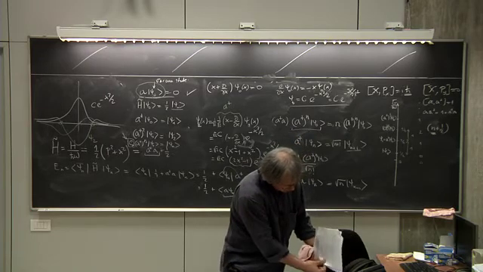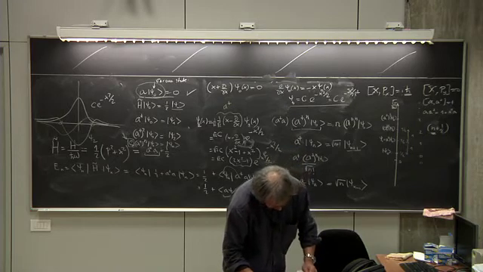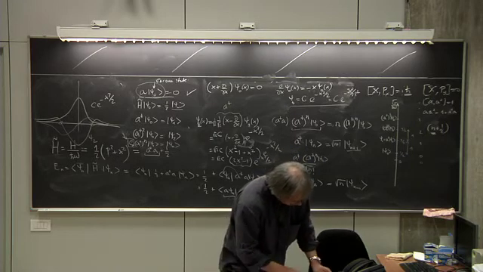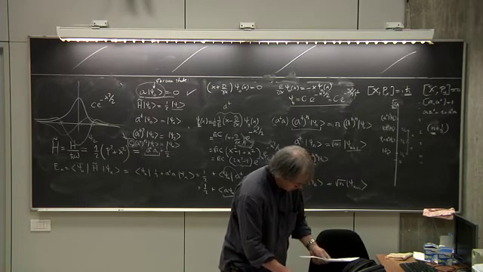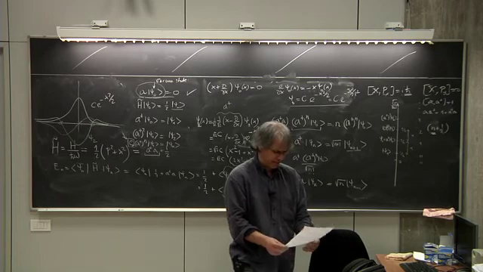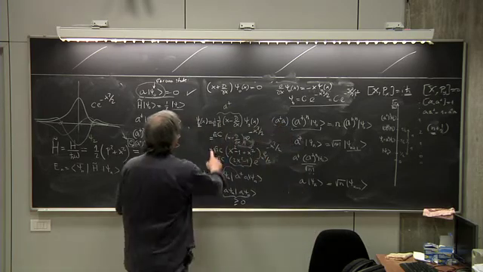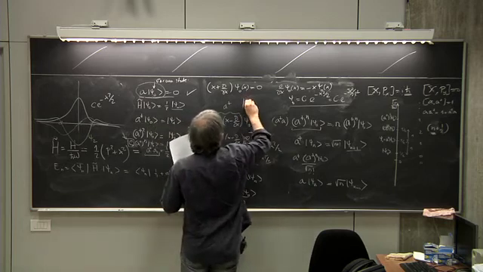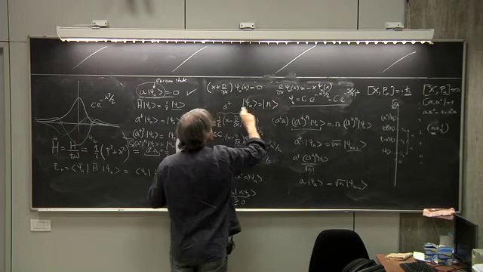No questions? If there are no questions, let us proceed a little bit. I want to at least start setting up the next problem we want to solve. Let's see if I have to mention something else. Oh, sometimes rather than finding psi n, you will find |n>. It means exactly the same thing.